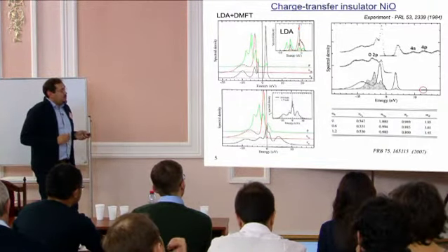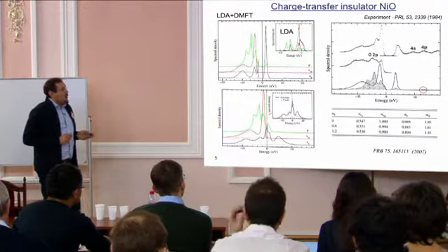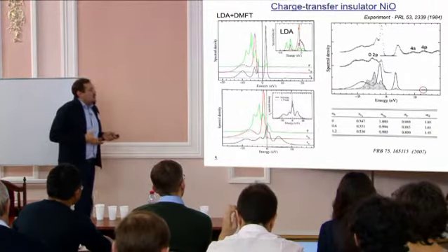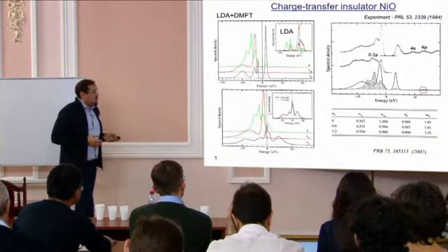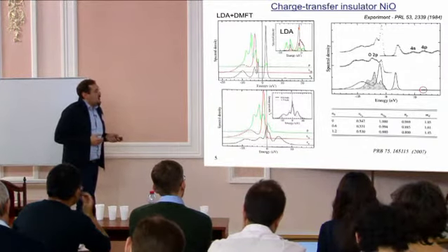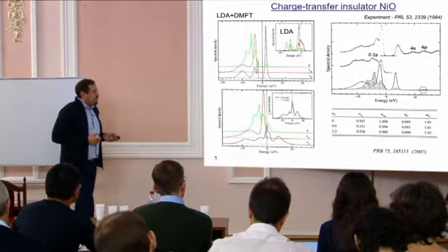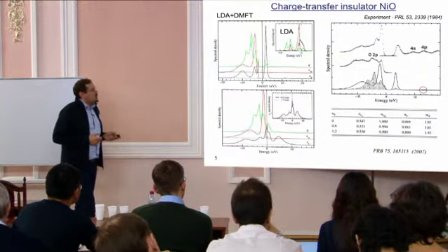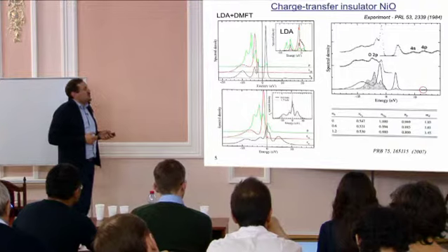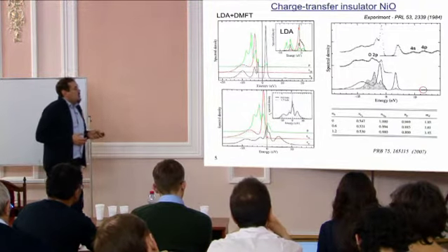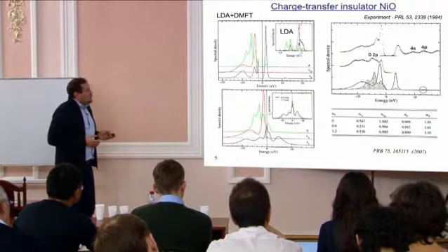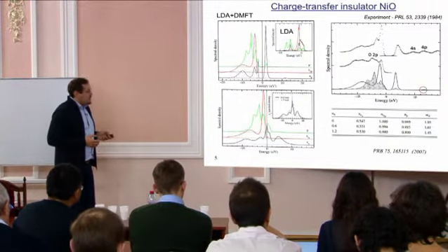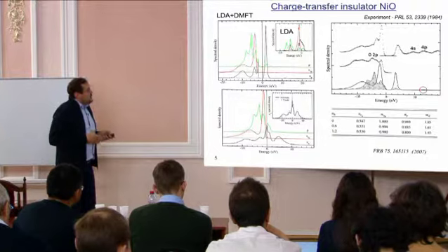In order to further represent the charge transfer nature of this insulator, we also considered a situation when we doped this nickel oxide, doping with holes, 0.6 and 1.2 holes. These are the spectral density of states.